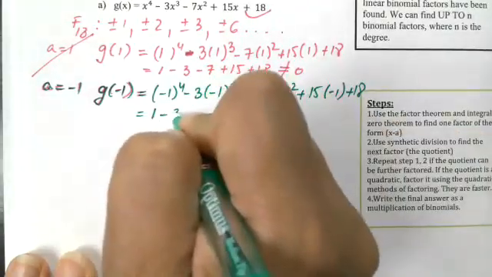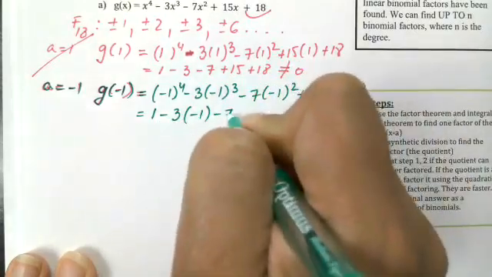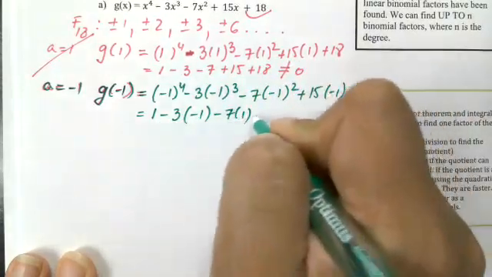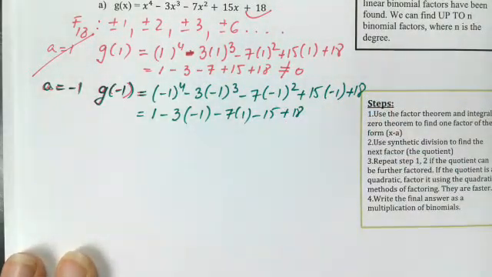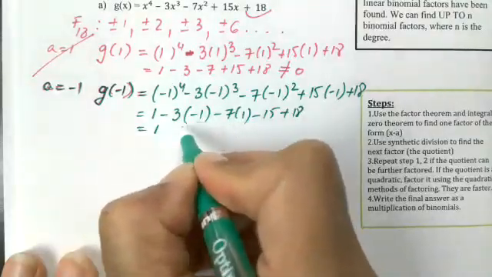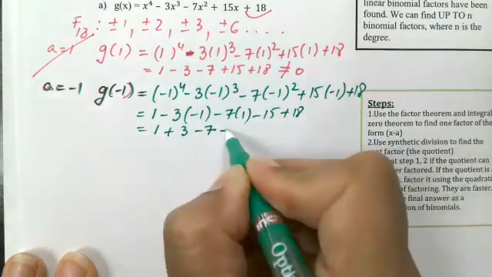Plus 1, minus 3 times -1, minus 7 times plus 1, minus 15 plus 18.